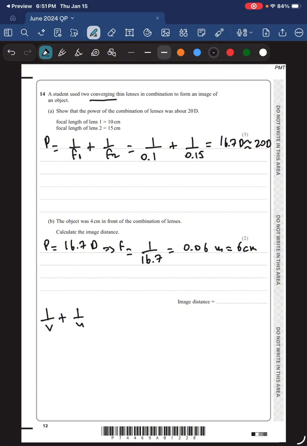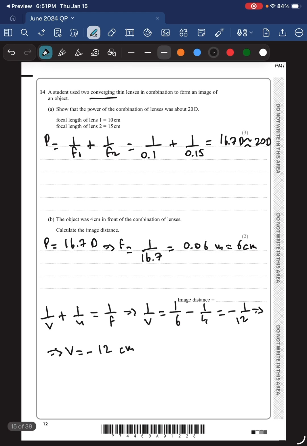The image distance, which is V, okay? And we know the object distance, which is U. So 1 over V plus 1 over U is 1 over the focal length, right? So 1 over V is 1 over 6 minus 1 over 4, so minus 1 over 12. So V is minus 12 centimeters.